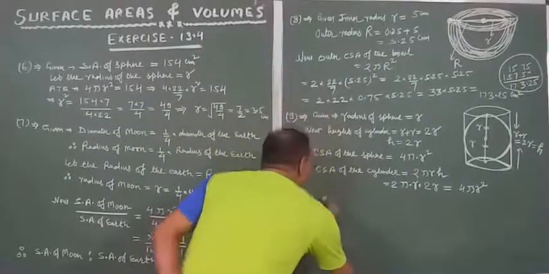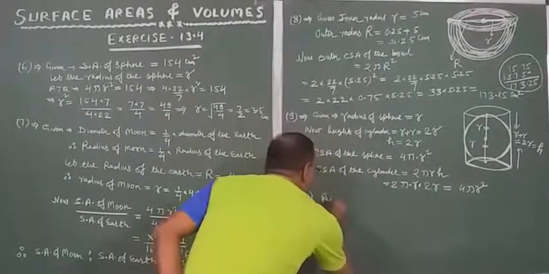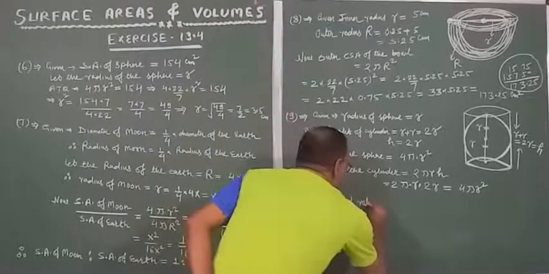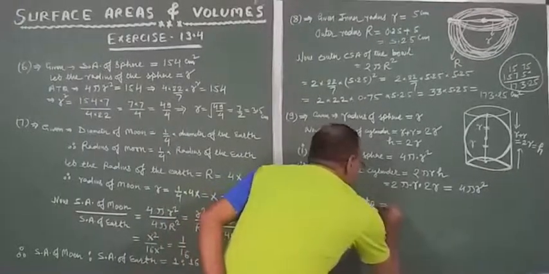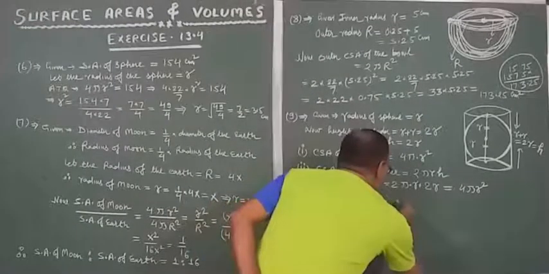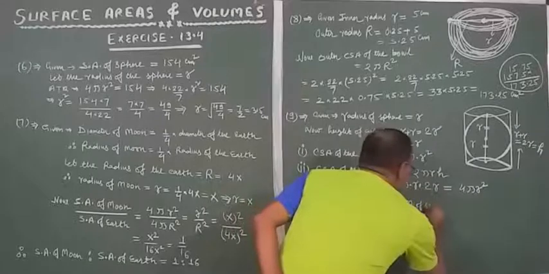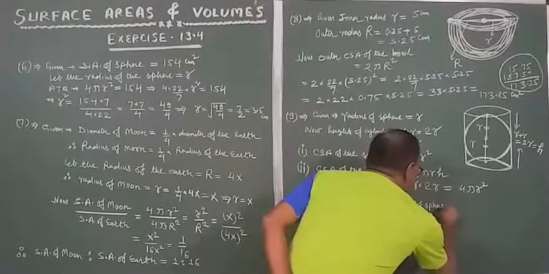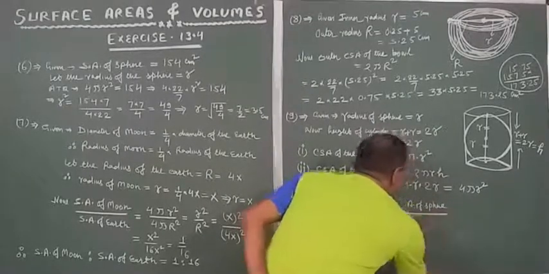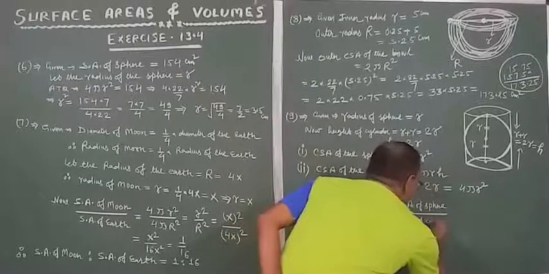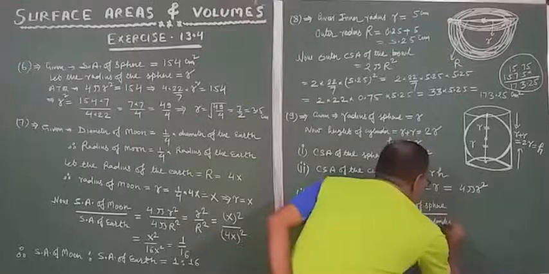Now the required ratio is the ratio of CSA of sphere to CSA of cylinder.